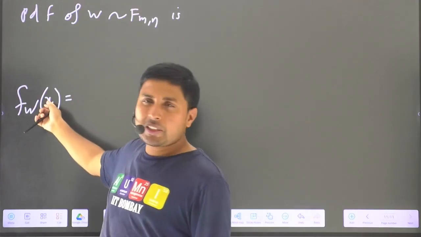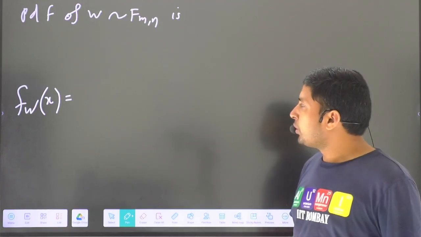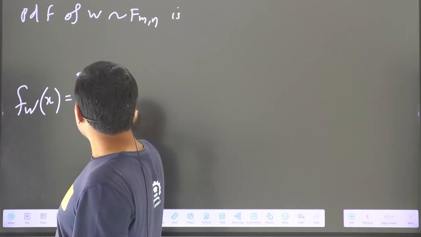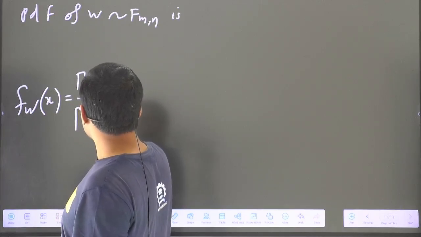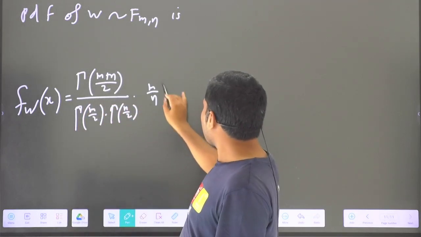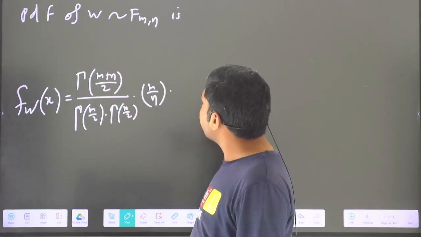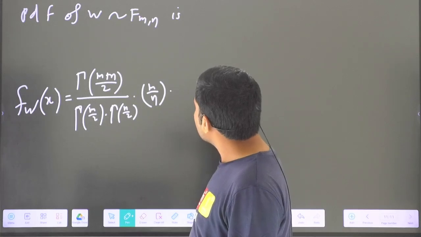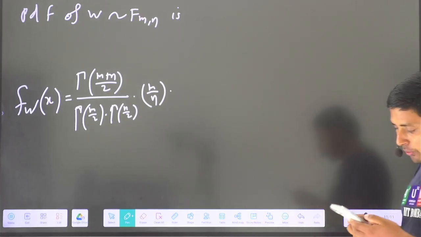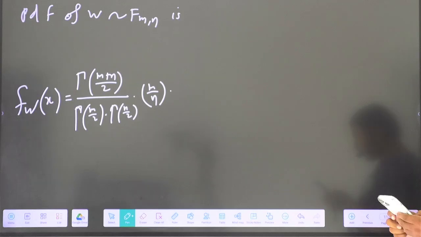So it will be gamma of (m plus n) by 2 upon gamma of m by 2 times gamma of n by 2, then m by n, and then, it's complicated, so we have to see. I may make a mistake. So it's an F distribution, right? So the PDF is like, okay.